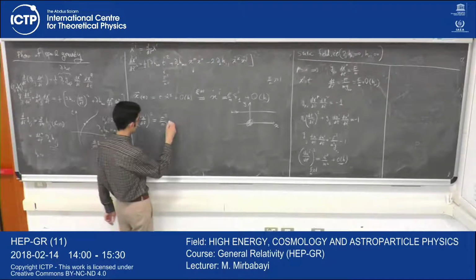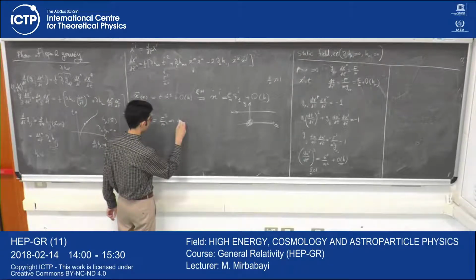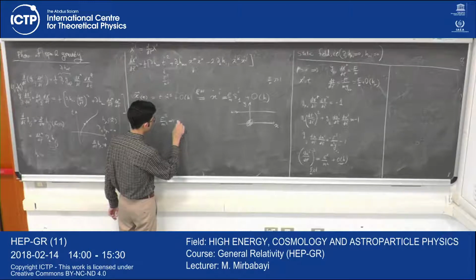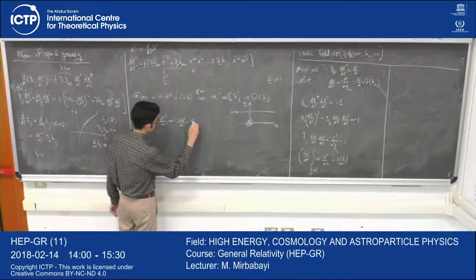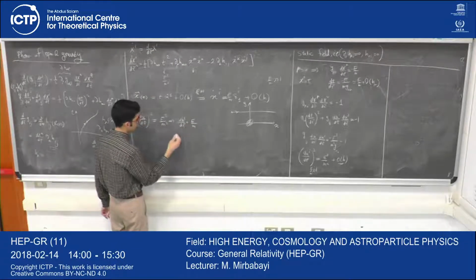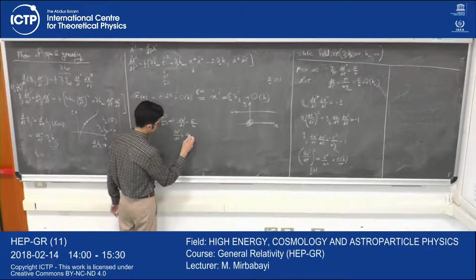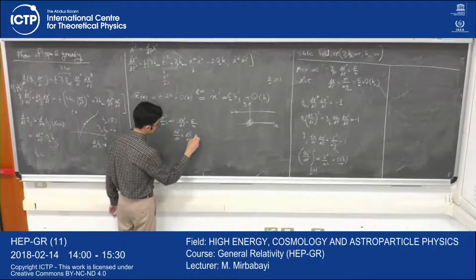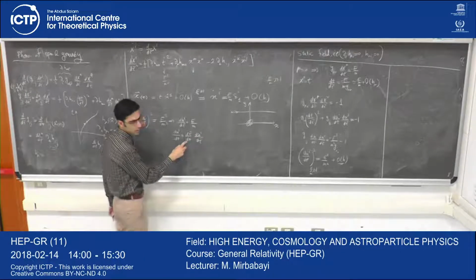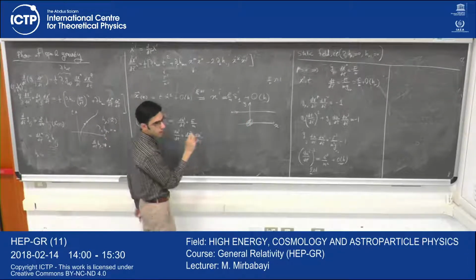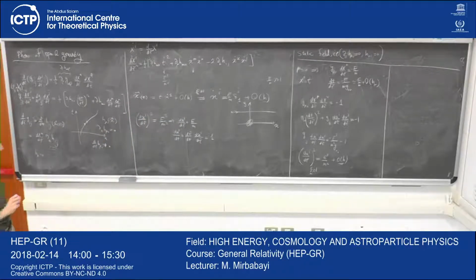So dx1 d tau tilde is E over M, and then you can ask what is dx1 dt, that is d tau tilde dt times dx1 d tau tilde. And d tau tilde by dt is m over E. So then it becomes 1.